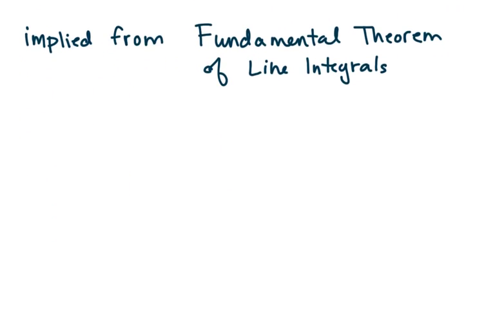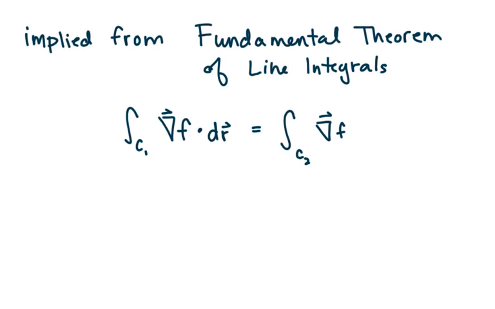But what the fundamental theorem of line integrals, which is where we are going, implies is that the line integral over C1 of the gradient of f dot dr will actually equal the line integral over a different path, C2, of the gradient of f dot dr, as long as C1 and C2 have the same endpoints.